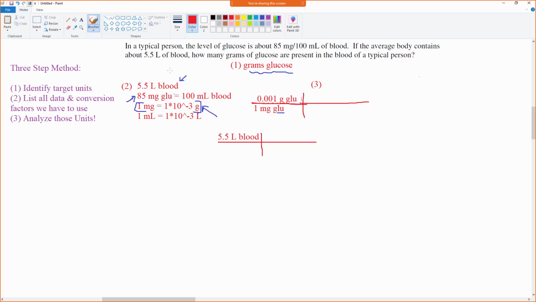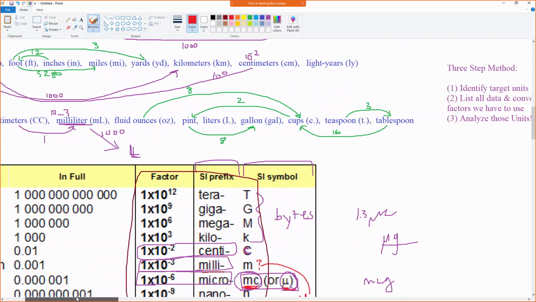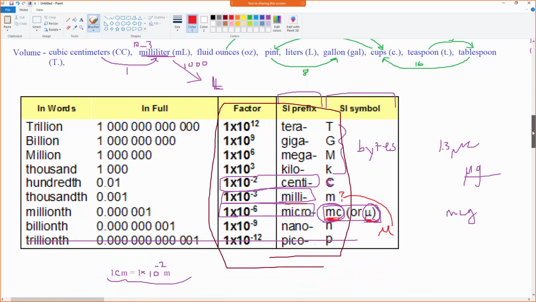I think the reason that I used this times 10 to the negative third is because that's the way that I had taught you guys with the metric prefixes, and I wanted to make sure that you were familiar with this. So I've kept everything here, so I'm going to scroll over. This was the table in our lecture notes of metric prefixes. And so I encouraged you guys just to memorize milli is times 10 to the negative third.